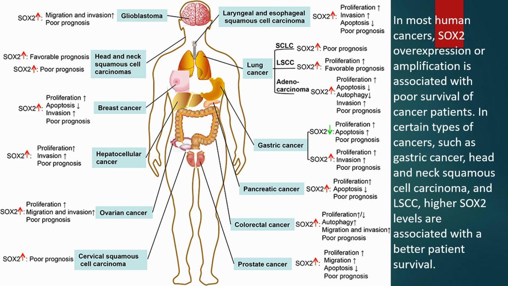Now you can see here for breast cancer, an increase in SOX2 level leads to proliferation increases, apoptosis decreases, invasion increases. On the other hand, for gastric cancer, you can see here when SOX2 levels are decreasing, proliferation increases, apoptosis increases, and there is poor prognosis.